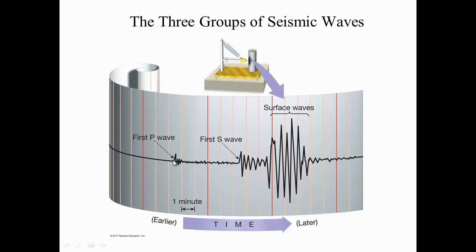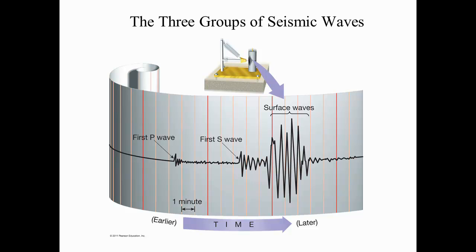So there's about a 5-minute time interval between the first P wave and the first S wave. And this time interval is very important because as we go along, this will allow us to actually calculate the distance of this particular seismograph station from the hypocenter of the earthquake.